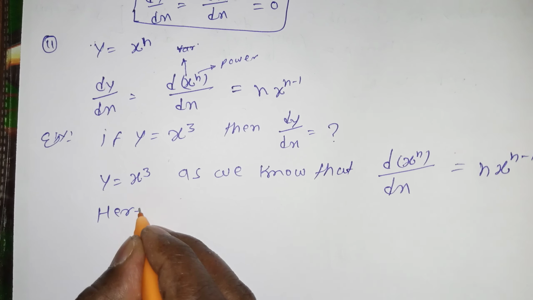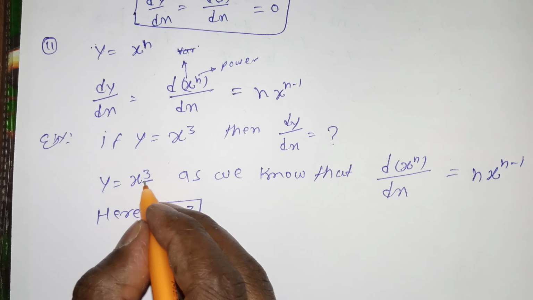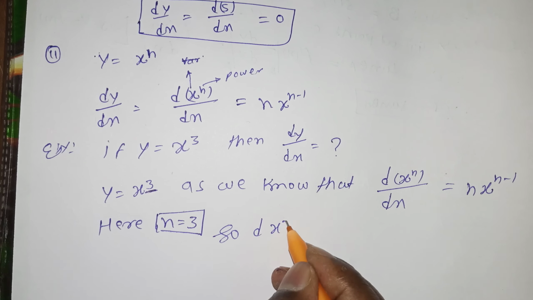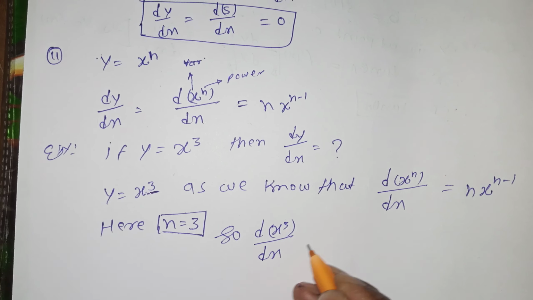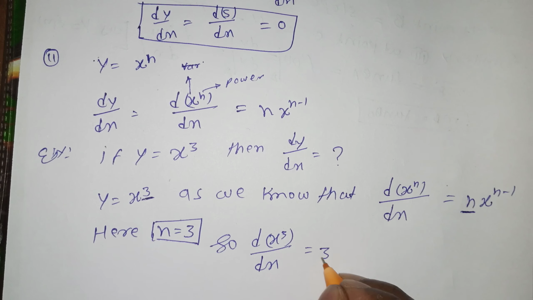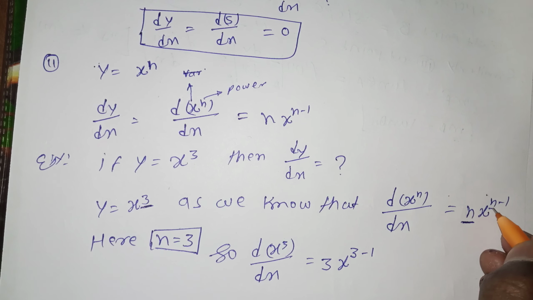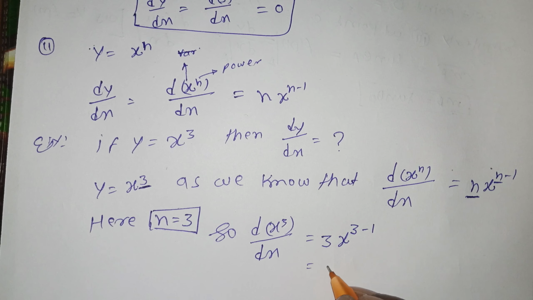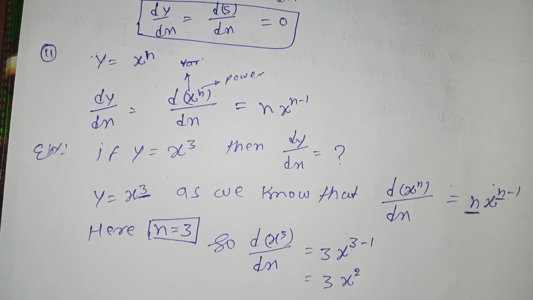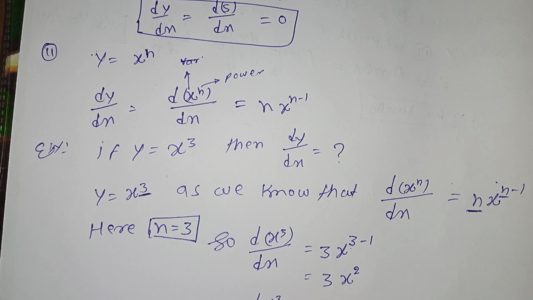Here n equal to 3, so d(x to the power 3) upon dx equal to 3 x to the power 3 minus 1, then 3 minus 1 equal to 2, so 3x square. So d(x cube) by dx is 3x square.